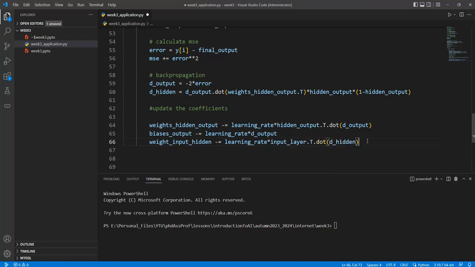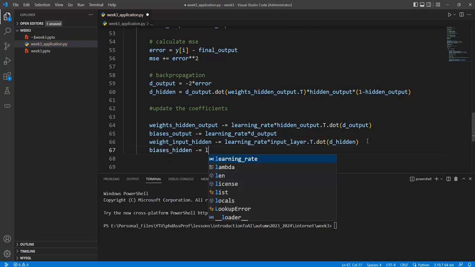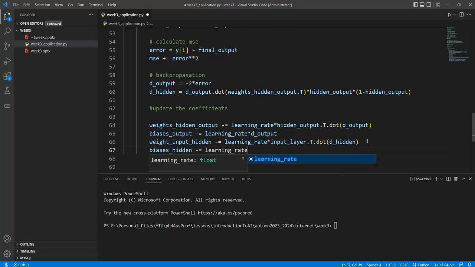And we should also update the biases hidden: minus equal to learning rate times d hidden. These are the basic rules to update all the coefficients in bare metal code.